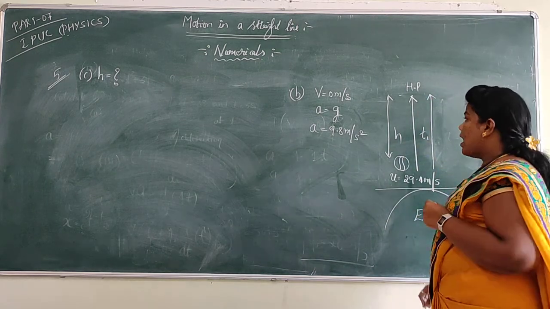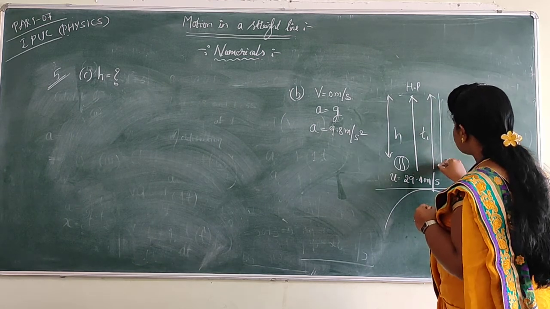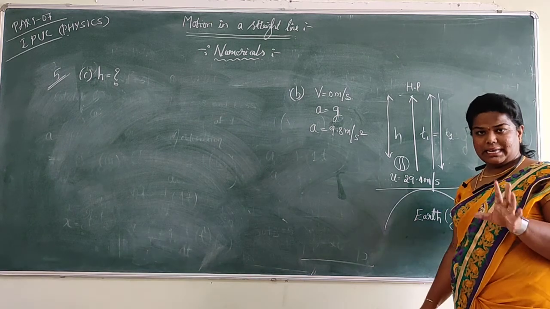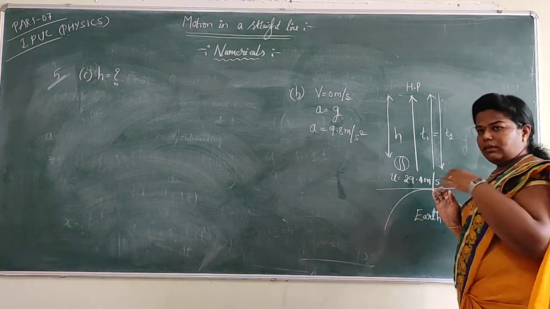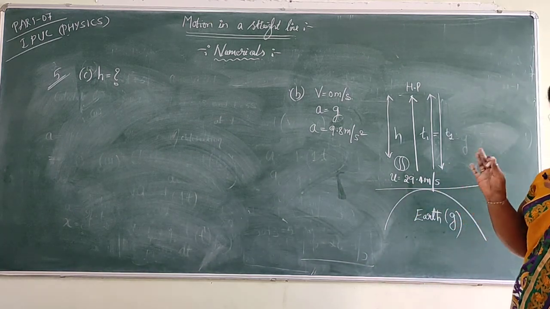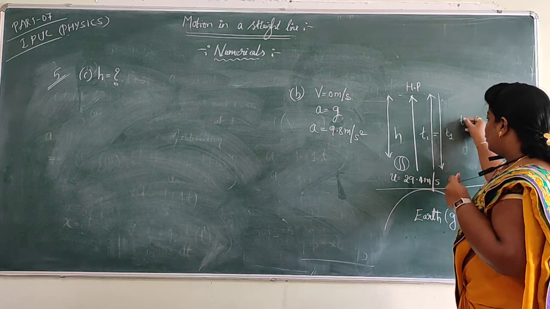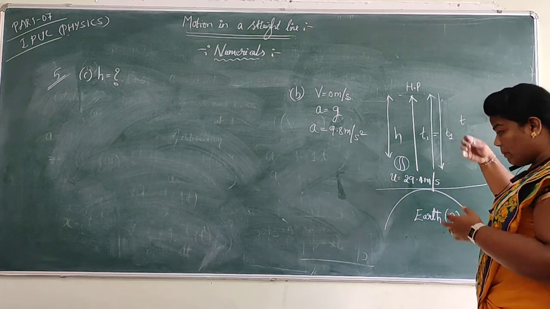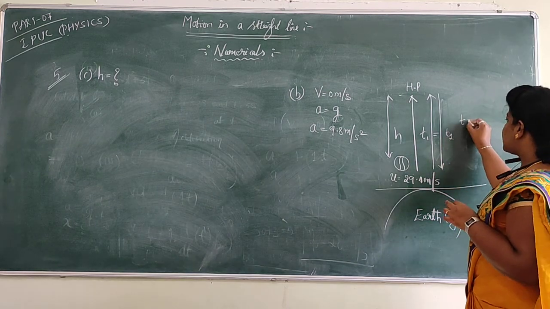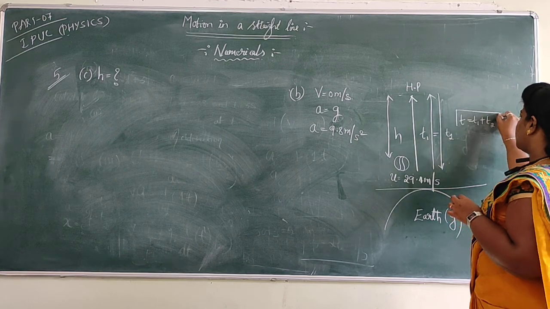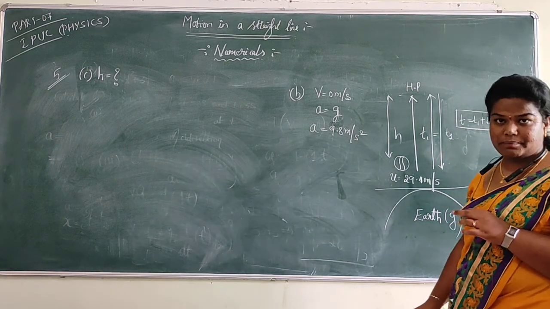Afterwards, it takes the same time, say t2, where t1 and t2 are equal, to reach the ground. So the total time to reach back to the player's hand is equal to t1 plus t2. This is what we should calculate. Hope you are getting it.